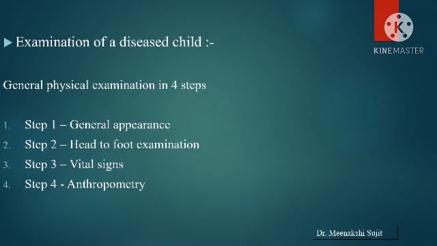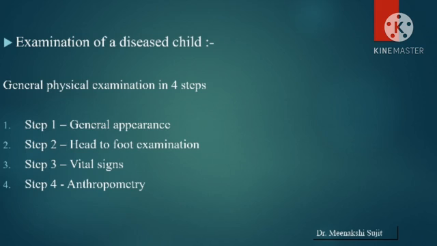Step 3, vital signs. Vital signs are nothing but blood pressure, heart rate, and respiration rate. In newborns, blood pressure is 60/40 mmHg, heart rate 120 plus or minus 20, and respiration rate 40 to 60.